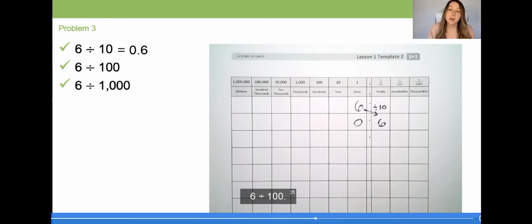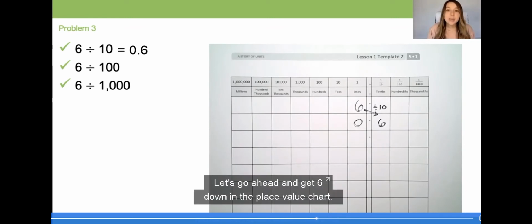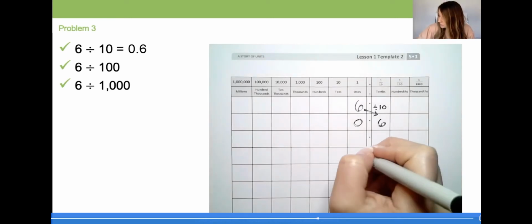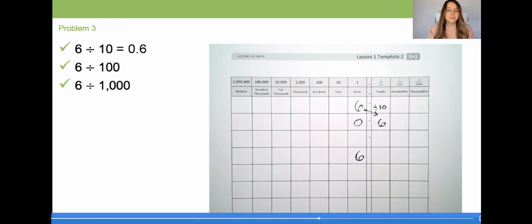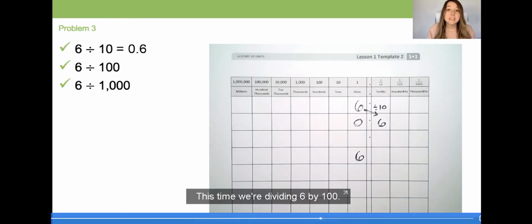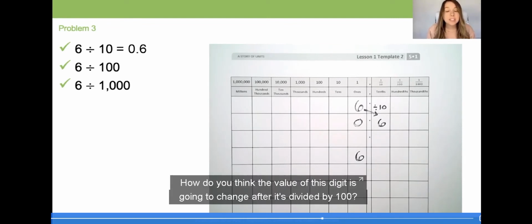6 divided by 100. Let's go ahead and get 6 down in the place value chart. This time, we're dividing 6 by 100. How do you think the value of this digit is going to change after it's divided by 100?